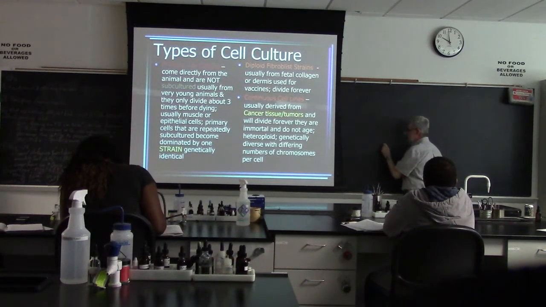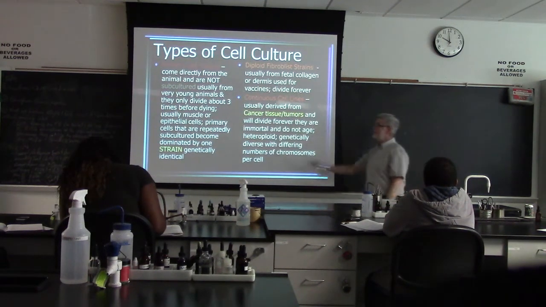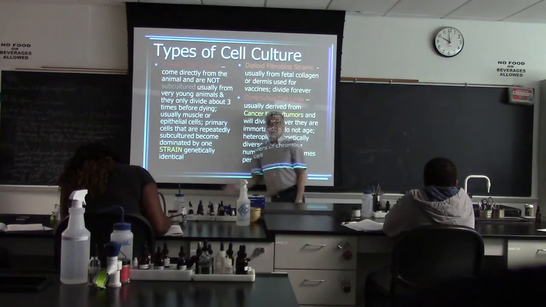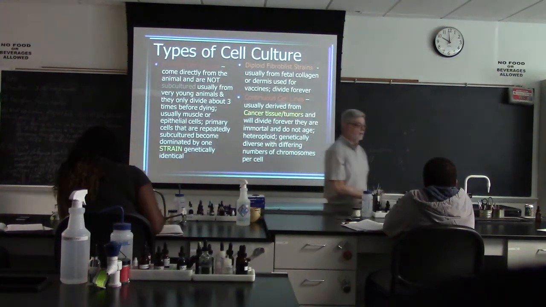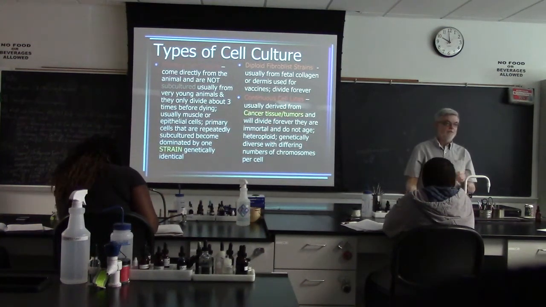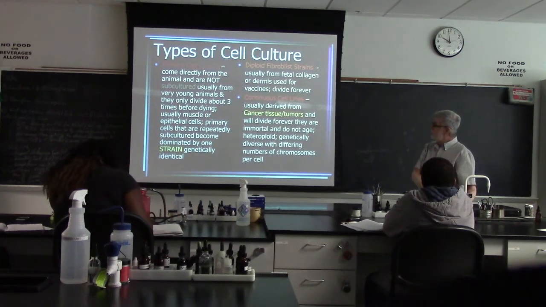The other kind of cell line is cancer, and this is what we use really most of the time. It's kind of hard to find all those fetal foreskins, and it's expensive. So if we want to get fetal collagen or fetal dermis cells, it's expensive.